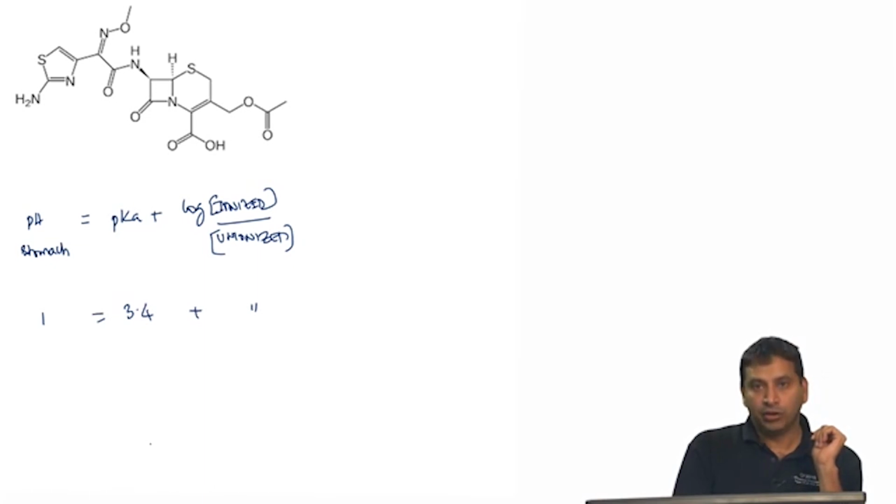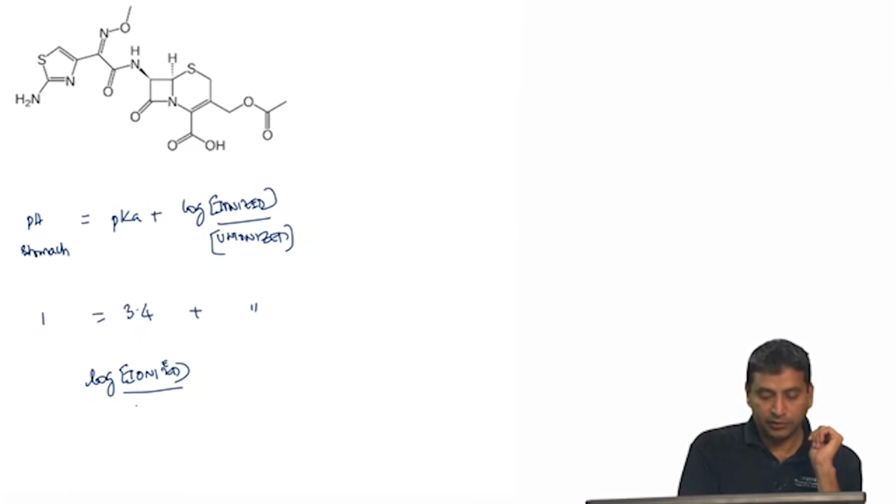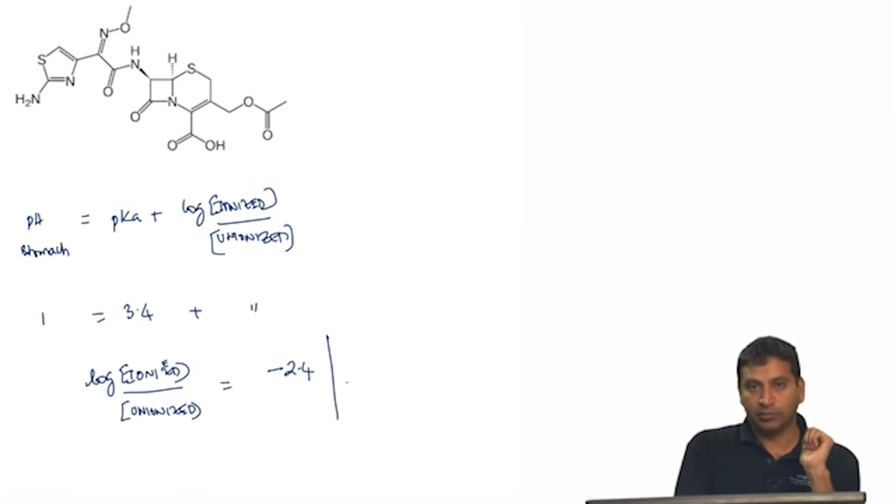And so, if you take log of the ionized divided by unionized, right. So, this will be minus 2.4, and if you take the antilog of this number, you are going to get 0.00398. Okay.